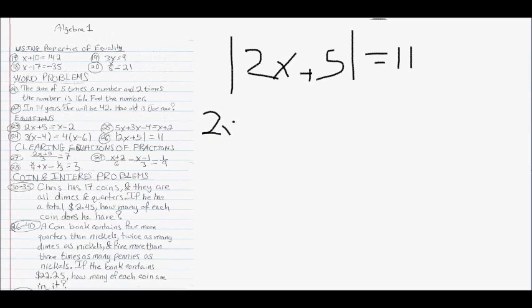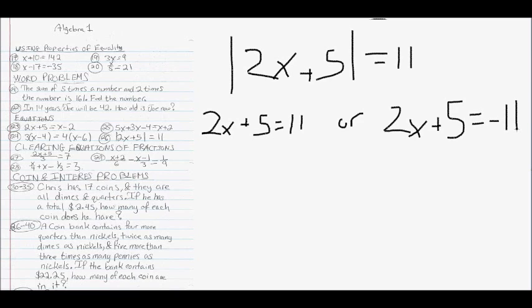Now remember with absolute value, you have to write the problem twice. So it'll be 2x plus 5 equals 11, or, because of the absolute value bars, 2x plus 5 equals negative 11. And then you work the problem out that way.